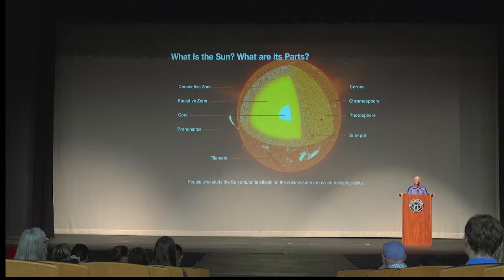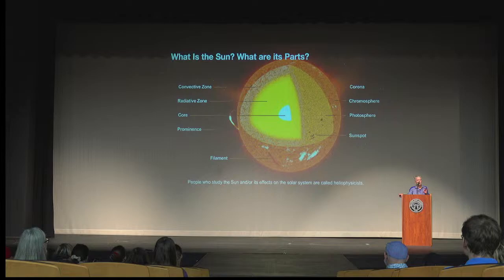So that energy comes out. The energy is produced and moves through by conduction, so one particle bumps into another, or bumps into another. And then it gets to an area where density is not high enough to support energy transport through conduction.